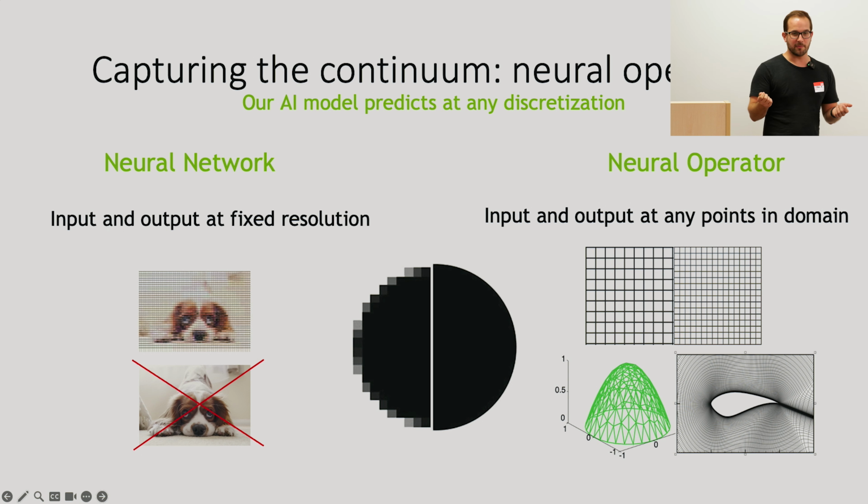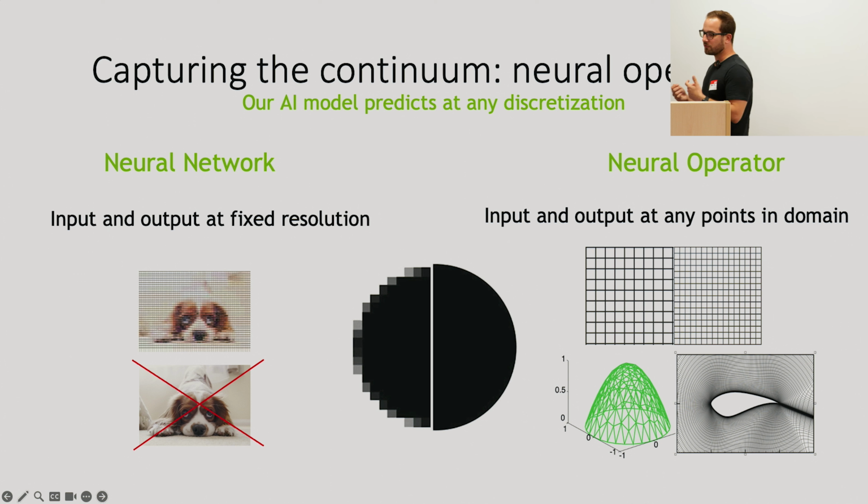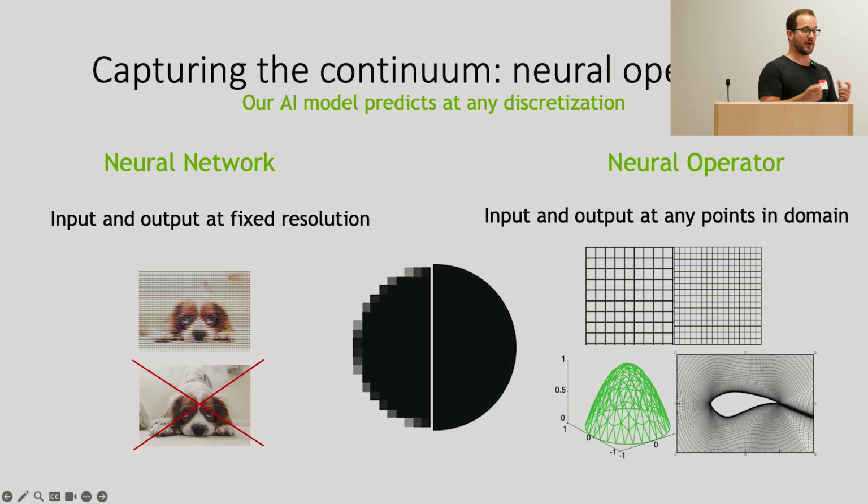You could maybe upsample, but you cannot recover the lost information. The idea of neural operators is to generalize neural networks, instead of mapping between finite-dimensional spaces, to mapping between functions. You take a function as input, you output a function, and you learn an operator to map between these function spaces.